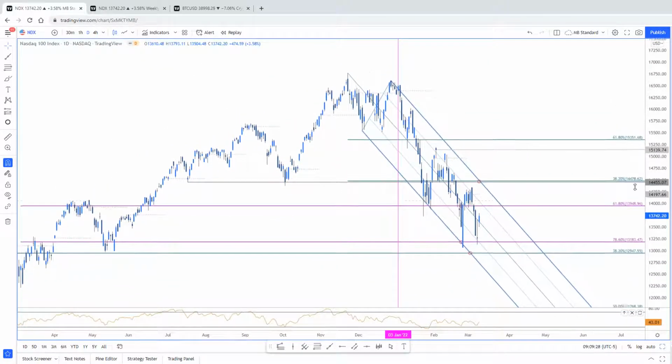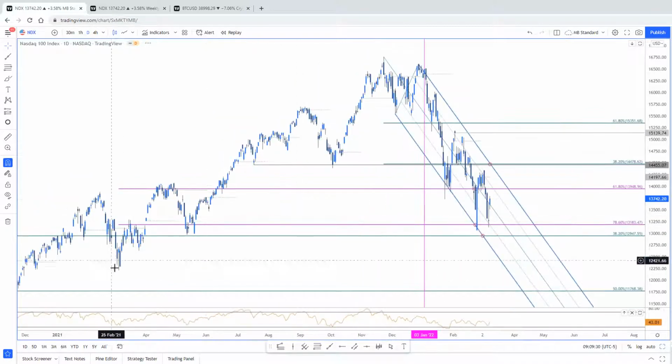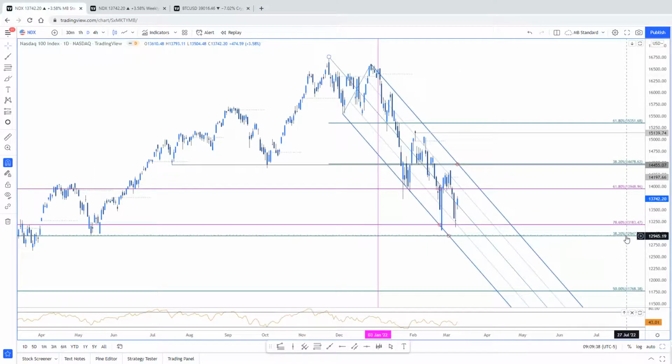You're at support. This is the 786 retracement from the 2021 March rally, 183. Again, there's that 38.2 at 12,947. If this is still heading lower, we are looking for a high, ideally ahead of the monthly open, which is right here at 14,197.